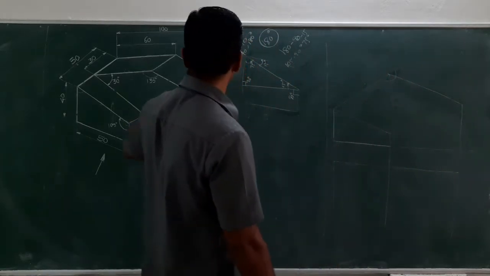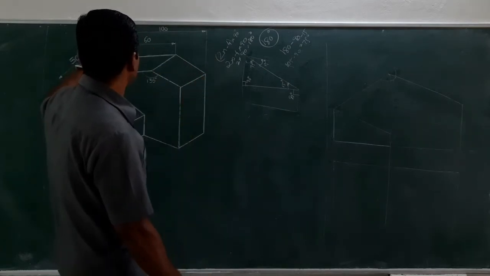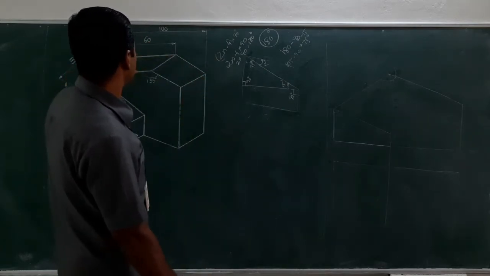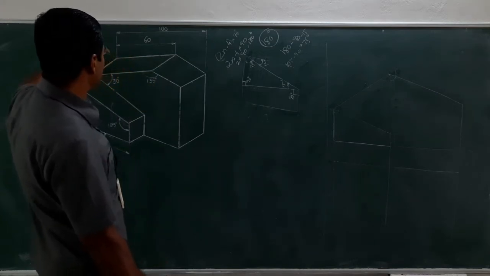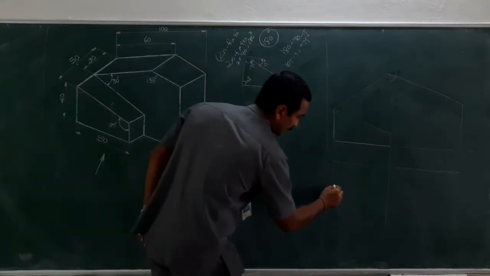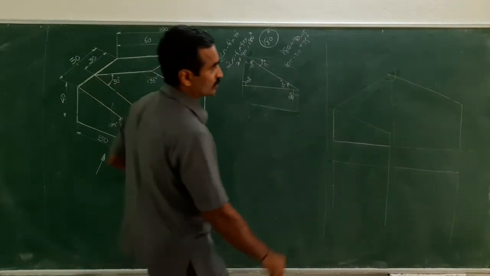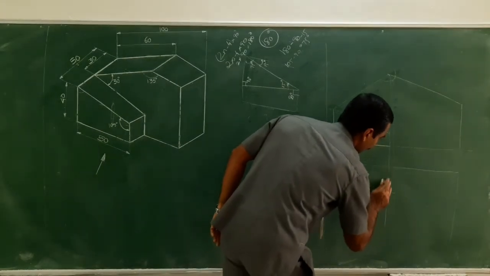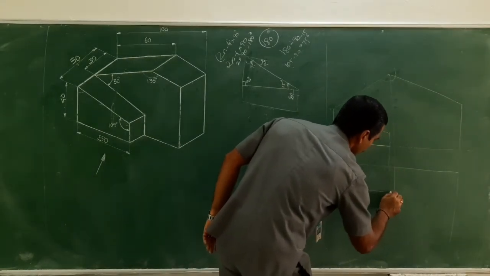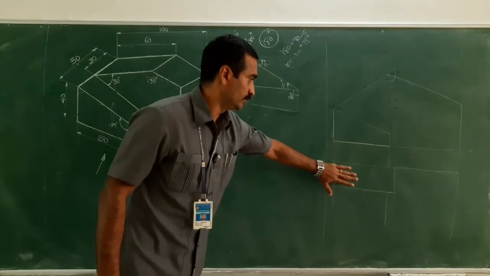Now when I look at it from the top, I could see this portion, right? So what is the width of this? 30 mm. From here 30 till where it continues up to 60. Where is 60? Here. This portion has been captured here.